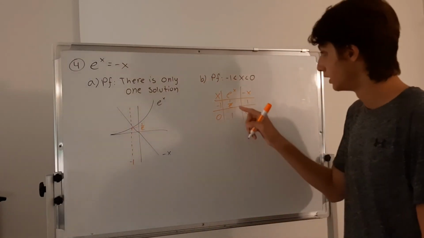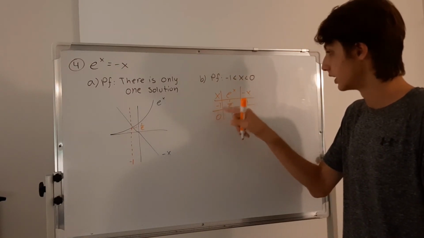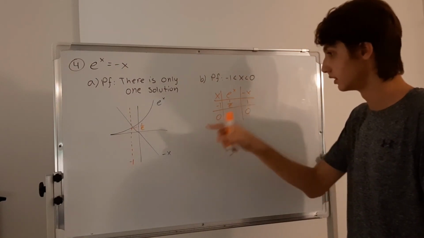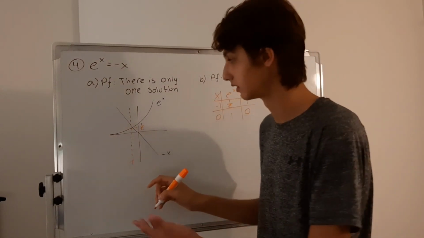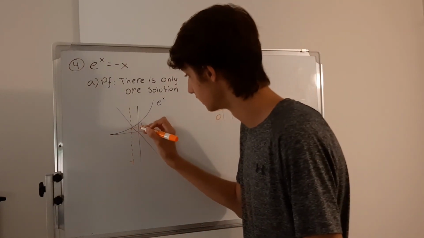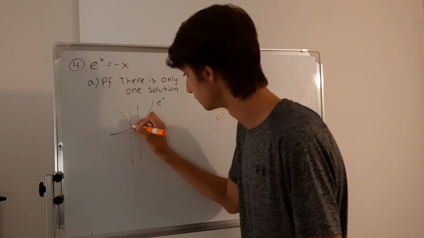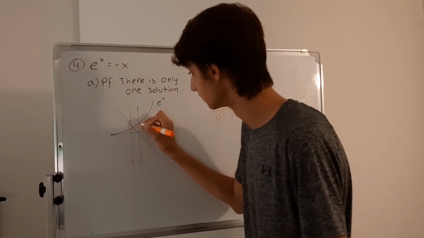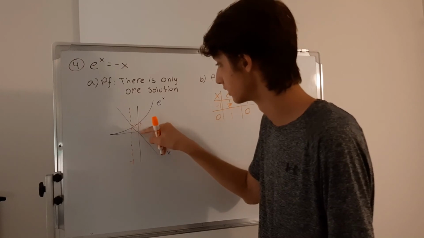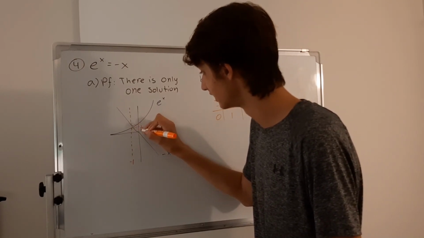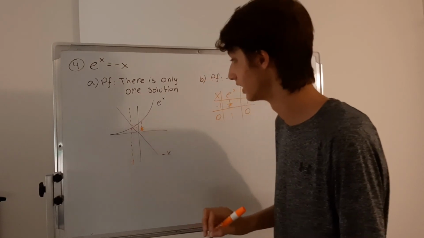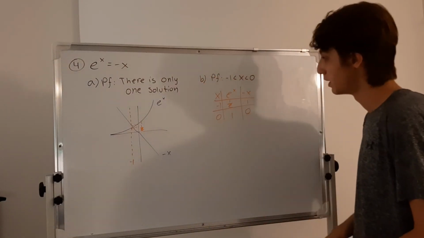But when x is negative 1, the blue line is going to be 1, which makes sense. So then this here is 1. So where this blue line touches, that's 1. Okay, this is confusing here. This is 1 over e, and this is 1. Okay, hopefully that's not confusing.